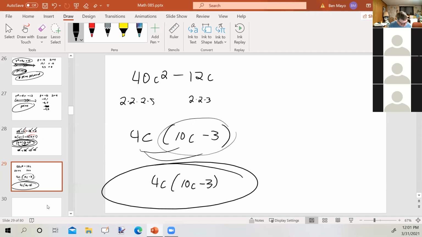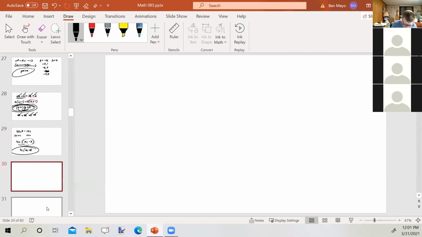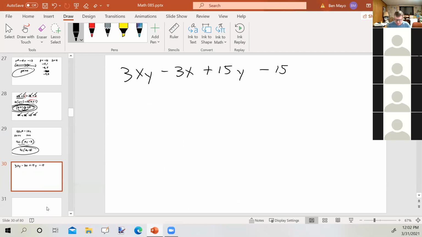Okay, let's see here. 3xy minus 3x plus 15y minus 15. Well, we have 4 terms, so grouping is probably the way to go. But before I do that, I see that there's a greatest common factor of all 4 terms. Can anybody tell me what it is? 3. Excellent.